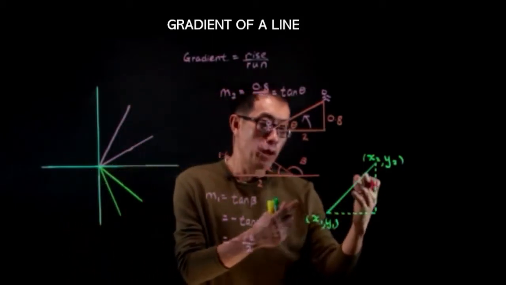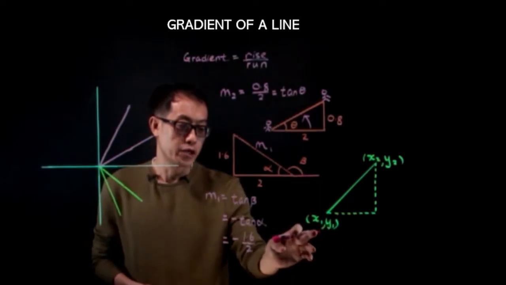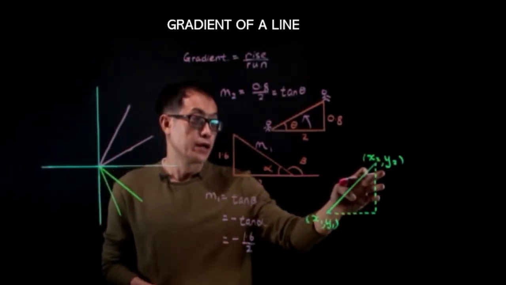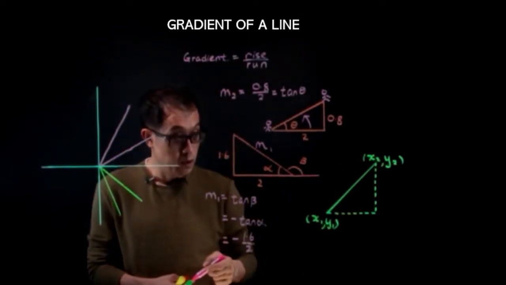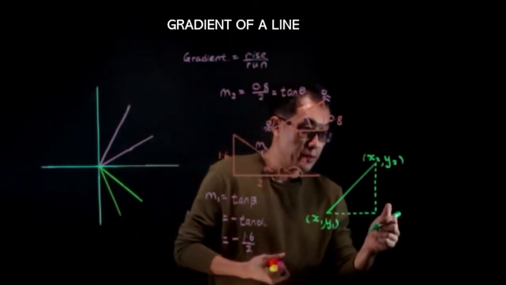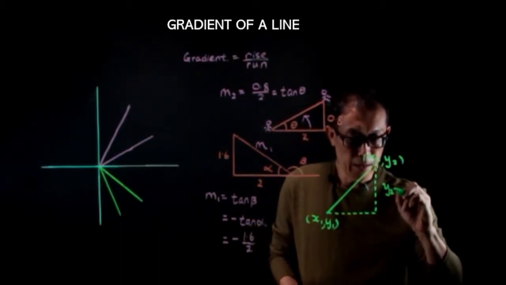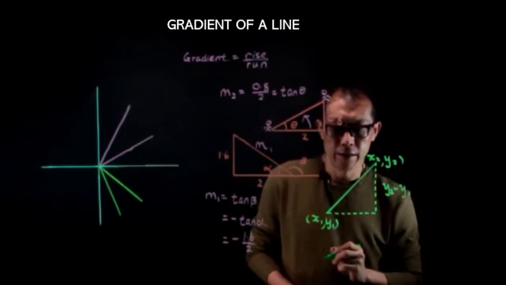Now let's do a more generalized line. Let's say this line has coordinates x1, y1 and this is x2, y2. What is the rise here? The rise will be given by y2 minus y1.